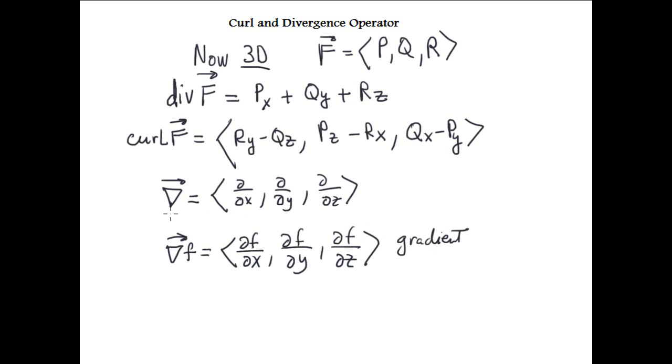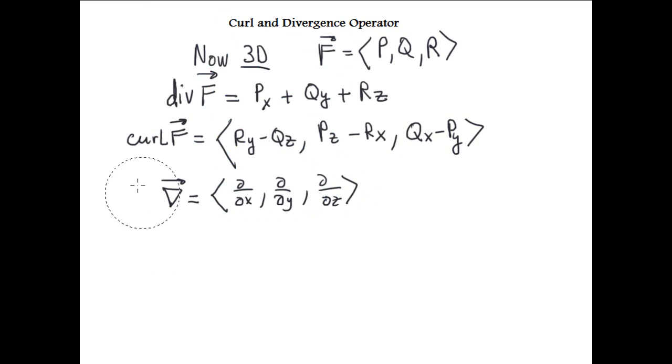We're using this nabla notation to represent divergence and to represent curl. How? Well, let me show you. It's super fantastic. Look. You perform a dot product, a symbolic dot product, between nabla and capital F, the vector field.